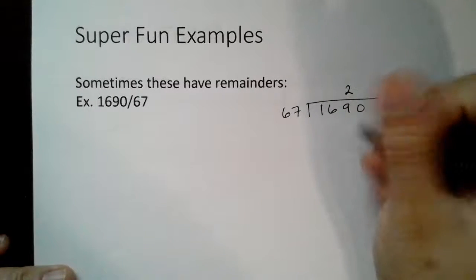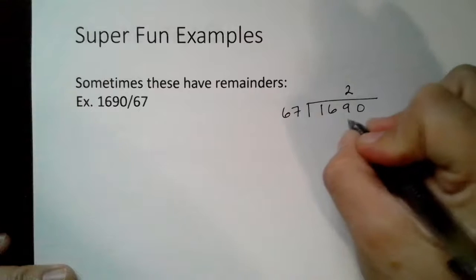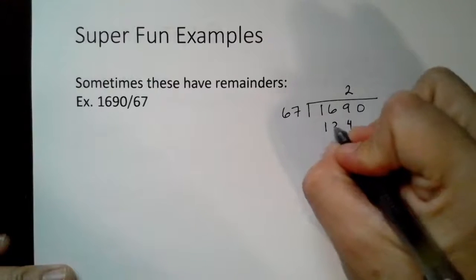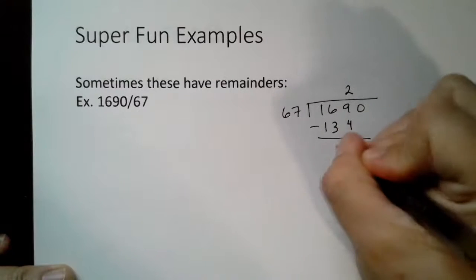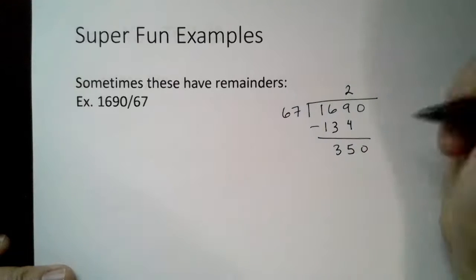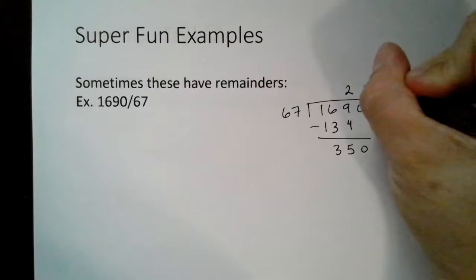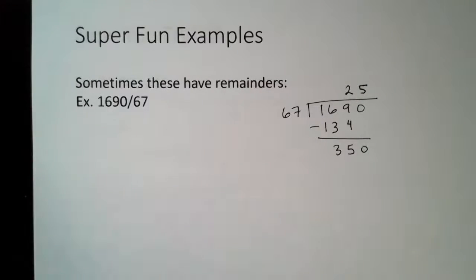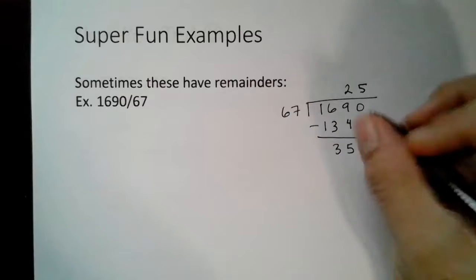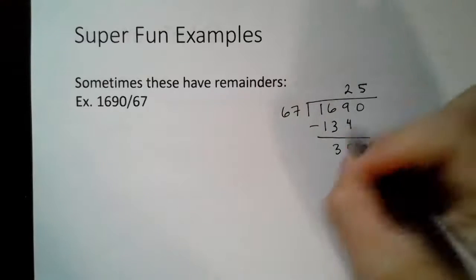So 2 times 67 would be 134. Then subtracting, we would get 350. And then 67 would go into 350 about 5 times. So 67 times 5 would give us 5, carry the 3, 335.